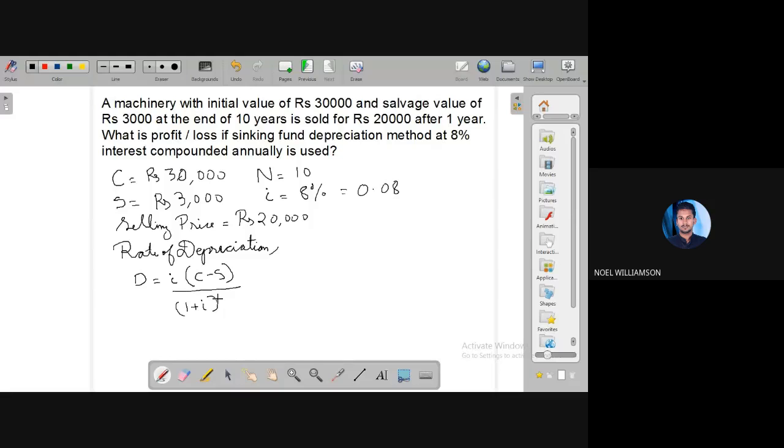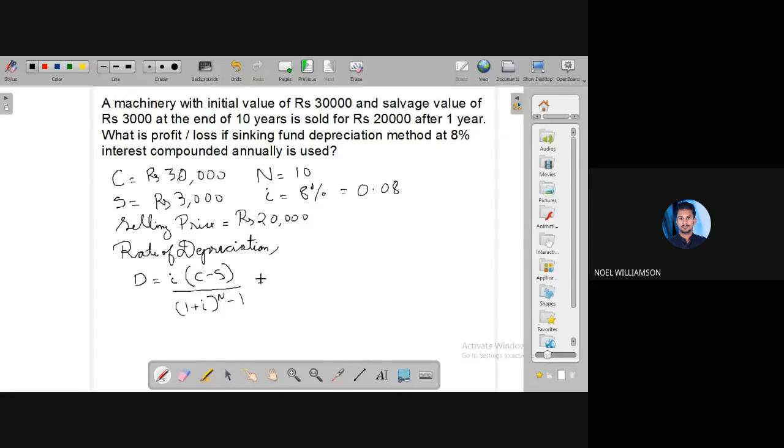This is the sinking fund method. Now just substitute these values: 0.08 into (30,000 minus 3,000) divided by (1 plus 0.08) whole raised to 10 minus 1, and you will get the value as around 1864.